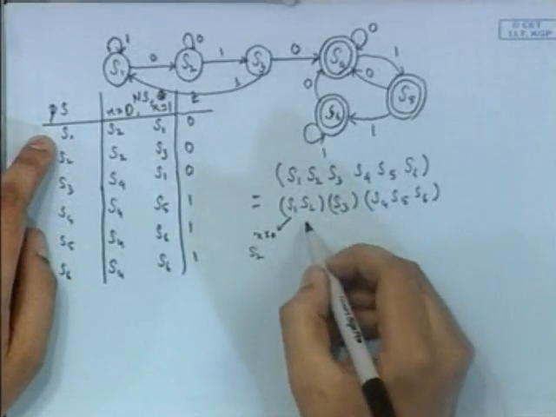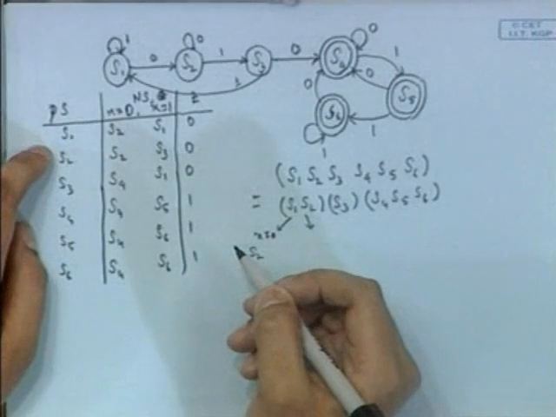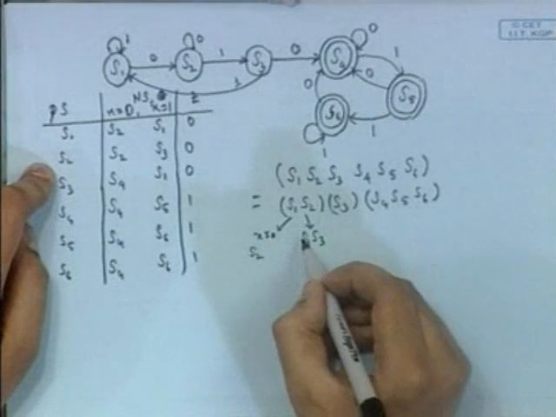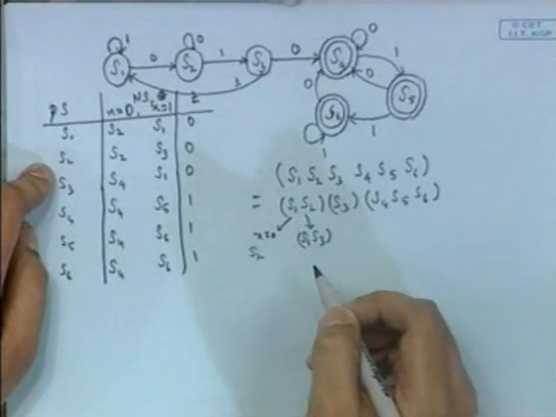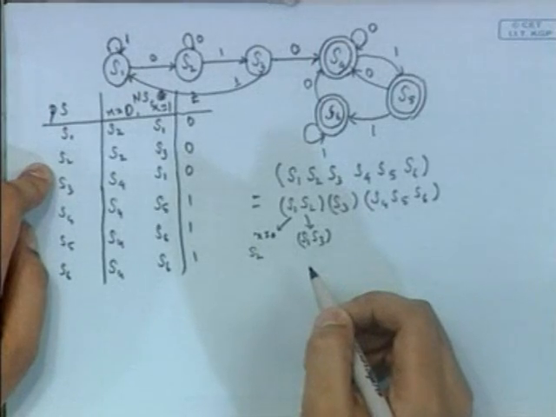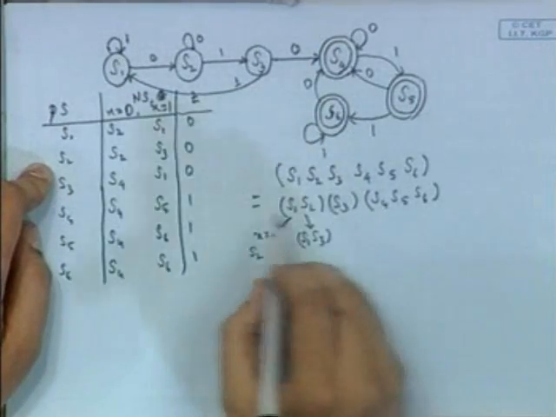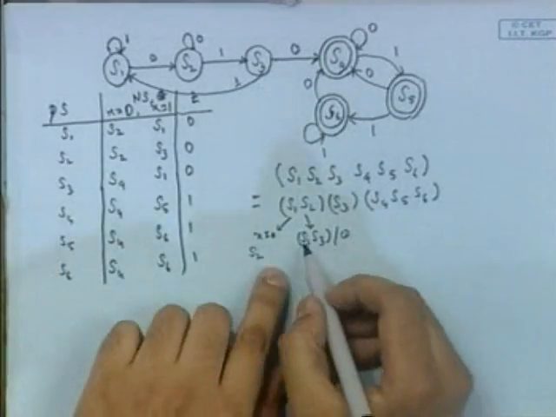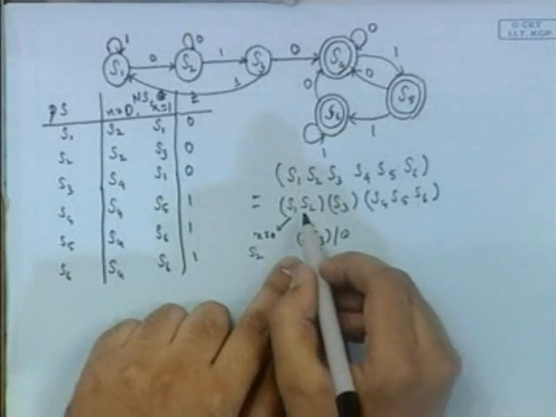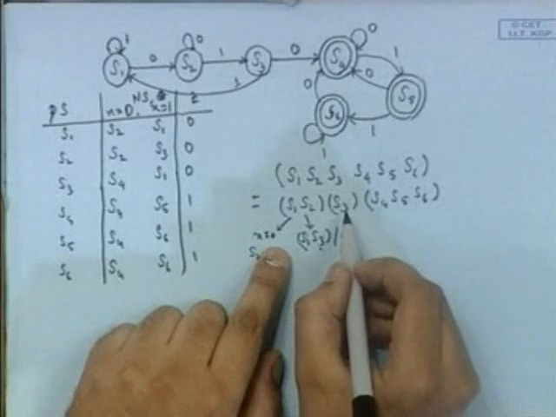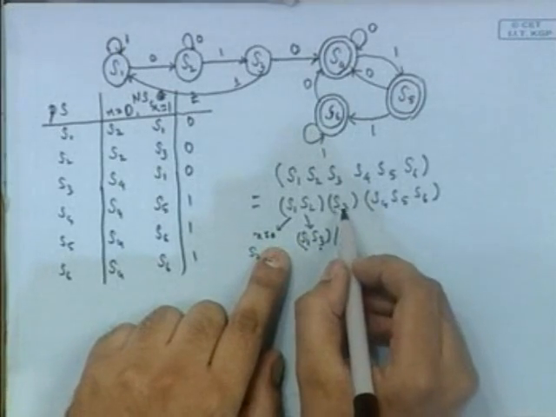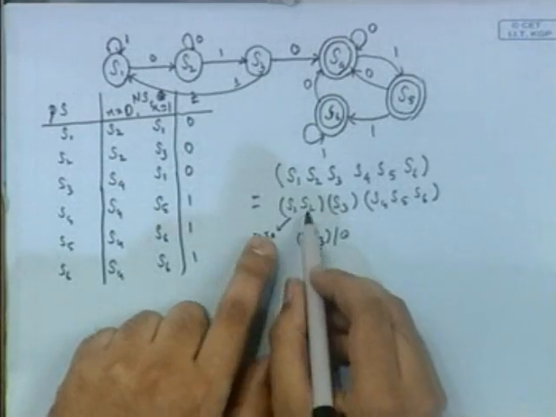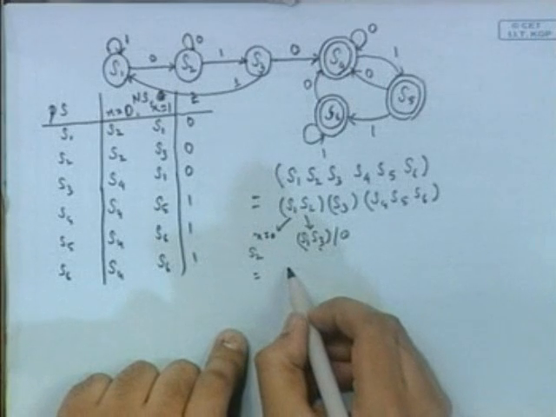And for S2, it will go to S1 or S3 with a next state output of 0, but we can see that S1 and S3 belong to different blocks in the previous step. So we partition them. We say that S1 and S2 are different. You are understanding, no?